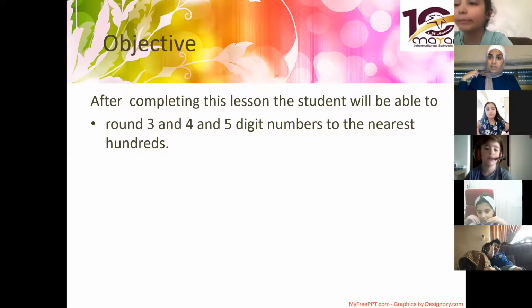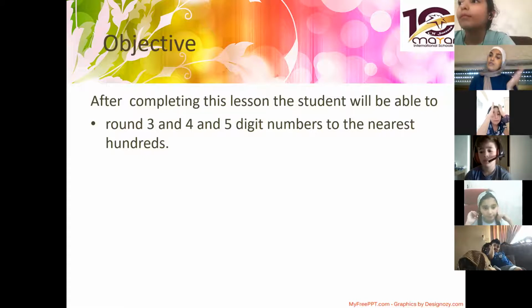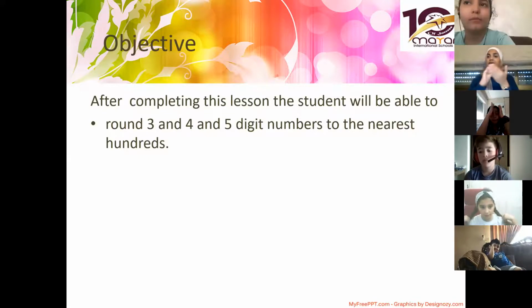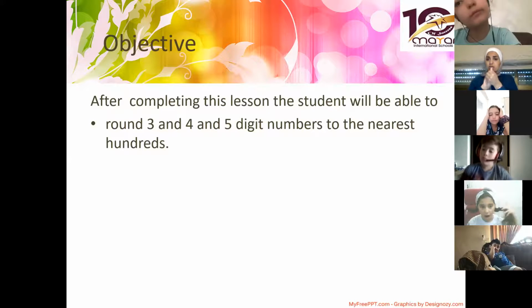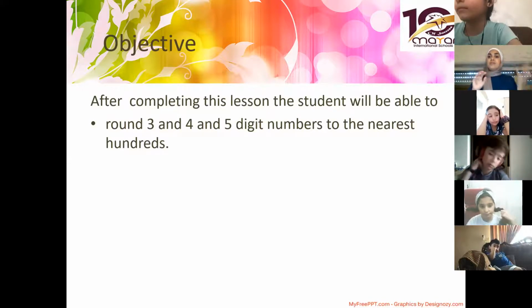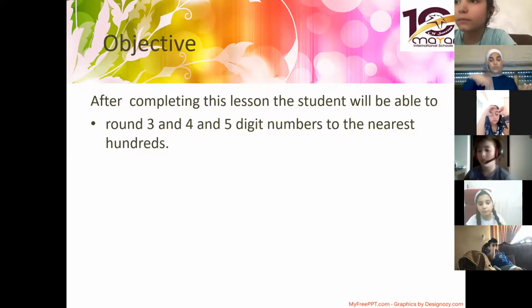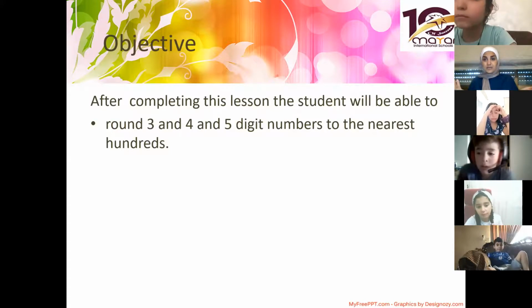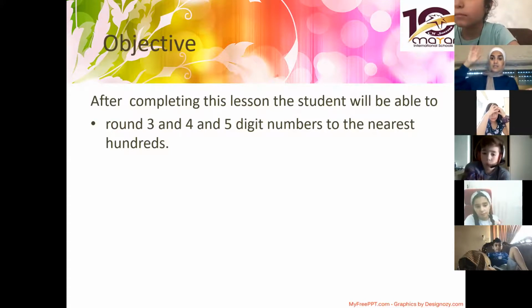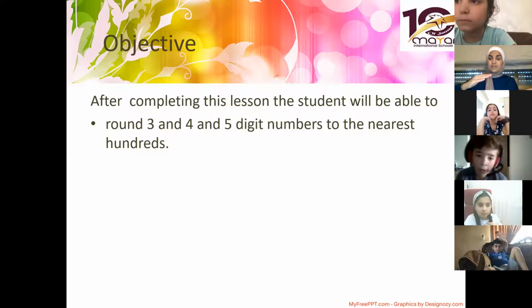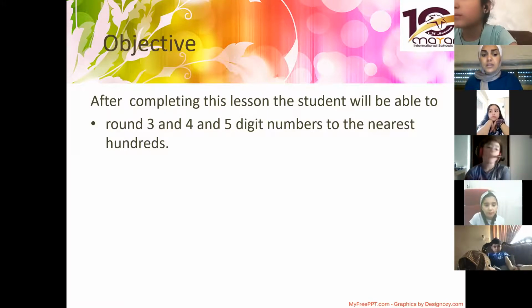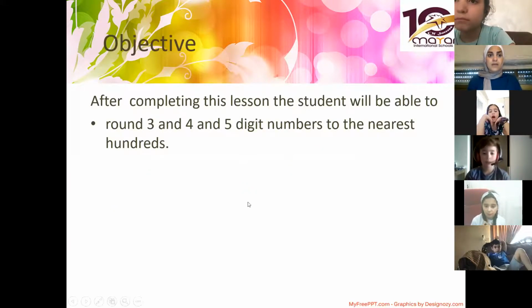We have a number in the hundreds with 3 digits, and we will imagine the number on the number line. Always do this, okay? What is the 100 that comes before? What is the 100 that comes after? And if it's 5 or more or less than 5, it's all the same, okay?